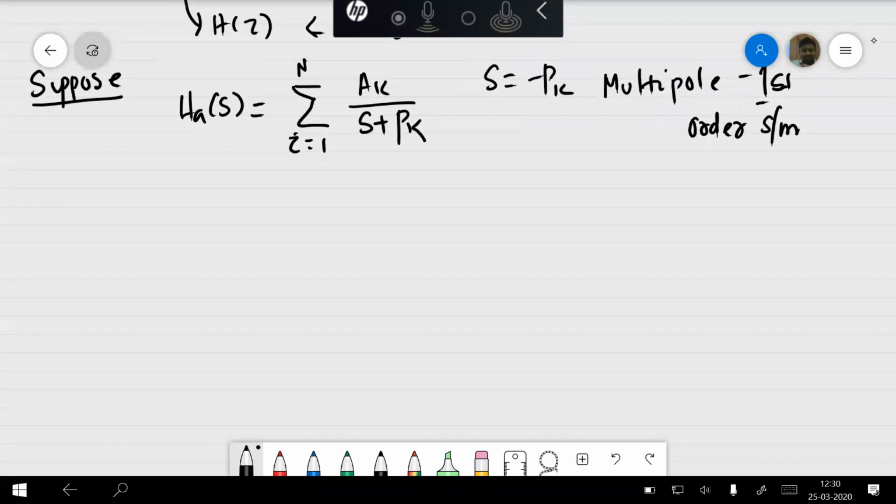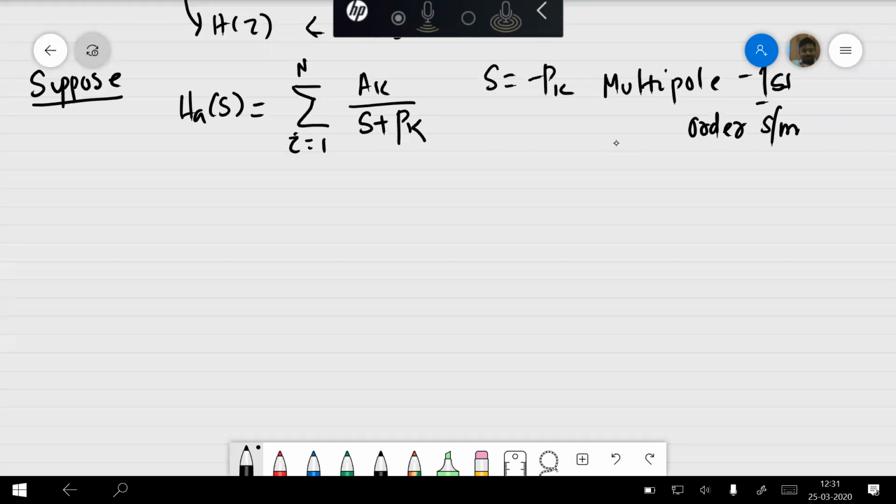Now, the impulse invariance technique is sometimes known as the matched Z transform technique. This is simply matching of Z and S. No pole at 0. I don't know what is the value of pk. Maybe some pk will be equal to 0.